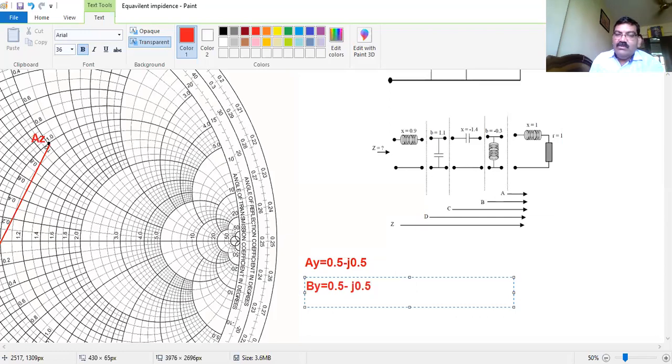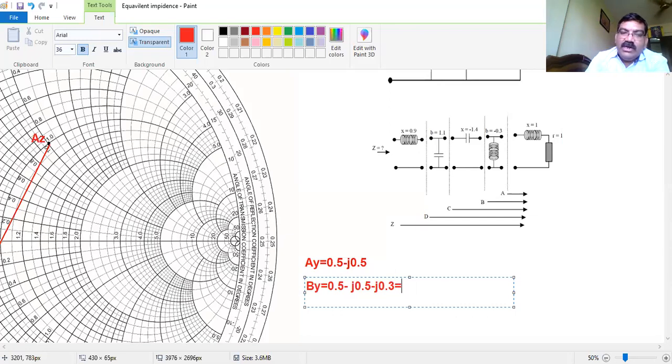It is there. Your AY is there. Now in the BY, what you have to do? You have this 0.3 additional, but this is minus 0.3. But this is the susceptance part, so susceptance part means it is the j part. So this is j 0.3.